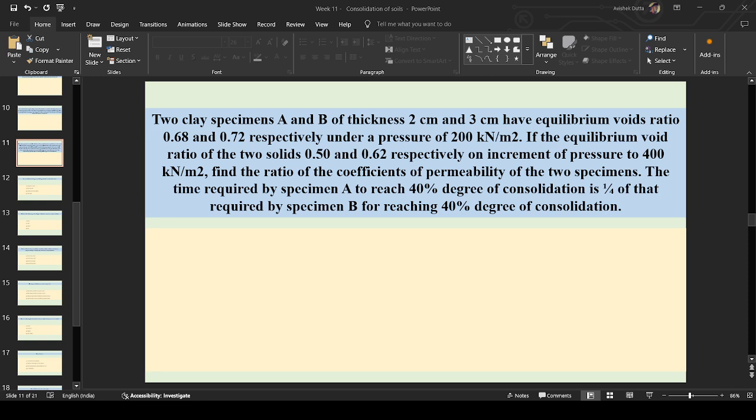If the equilibrium void ratio of the two soils are, I think I missed an R over here, 0.5 and 0.62 respectively on increment of pressure to 400 kilonewton per meter square, find the ratio of the coefficients of permeability of the two specimens. The time required by specimen A to reach 40% degree of consolidation is 1/4 of that required by specimen B for reaching 40% degree of consolidation.